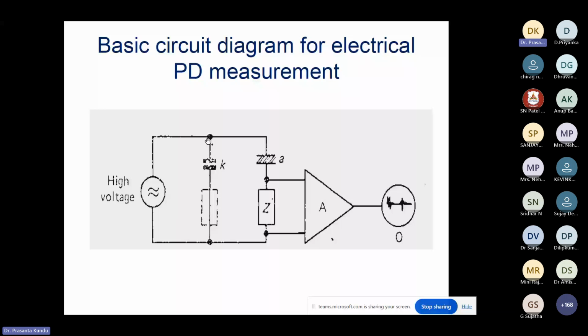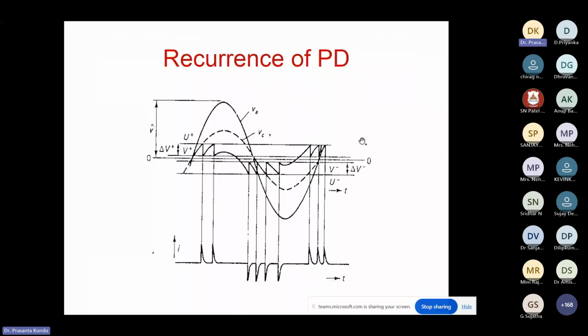That's why you have the coupling capacitor to give that amount of current or charge to charge that C part. As soon as this voltage falls to 0, the discharge will disappear and it will be reflected as current pulses. It will continue like this, and the same thing will happen in the negative half cycle. So these are the discharge pulses, which are integrated and measured in terms of current.